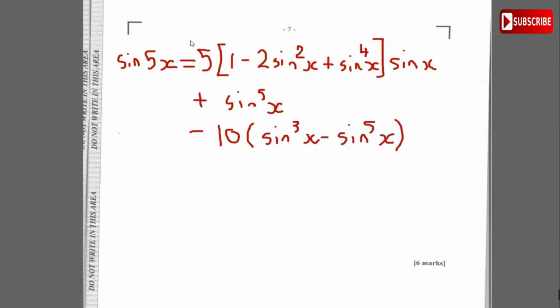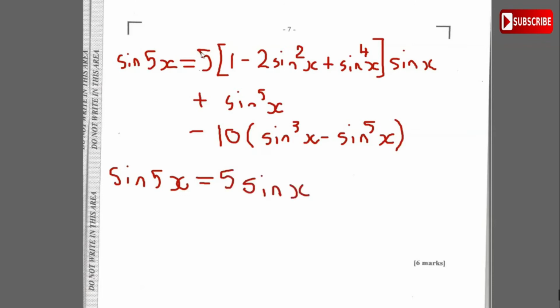Now that we have this so far, all we need to do now is simplify this expression. So let's simplify it. Simplifying this expression, we're going to get that sine 5x is equal to 5 times 1 times sine x is 5 sine x.